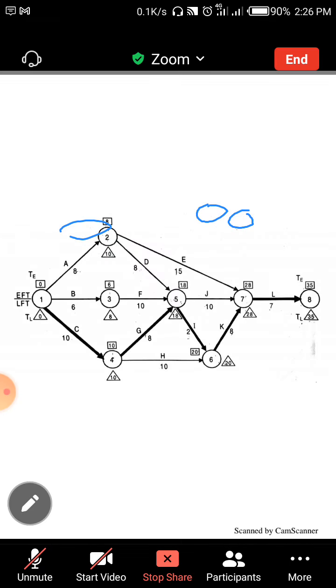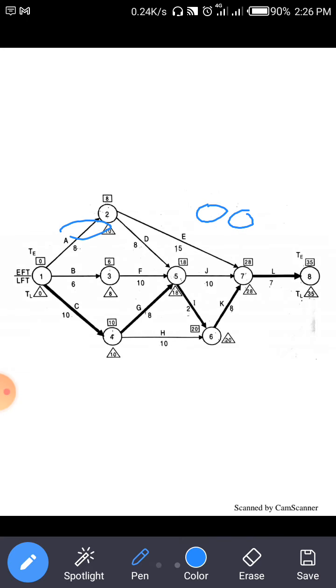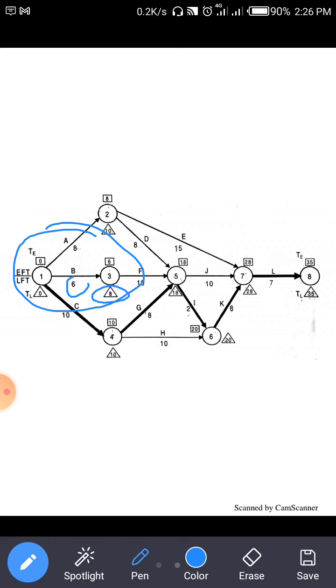Similarly for activity 1 2 3, from the figure, latest starting time is 8 minus 6, which is 2, and latest finish time is 8. Clear?